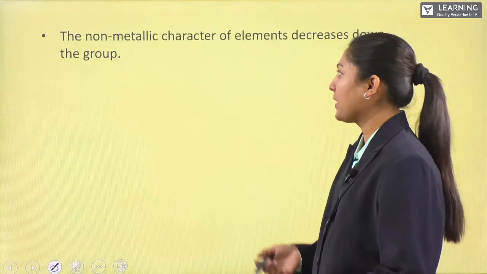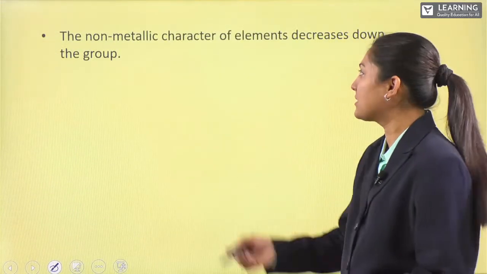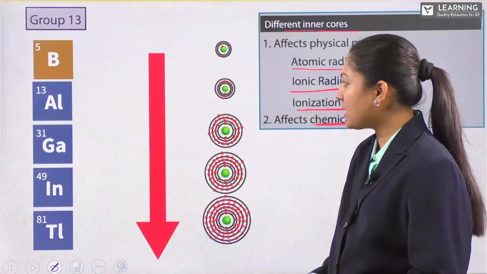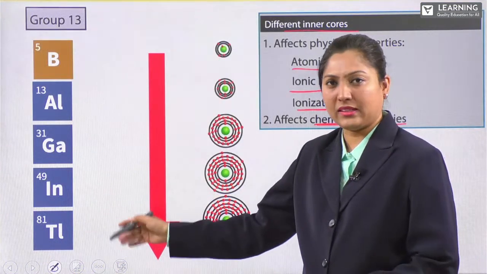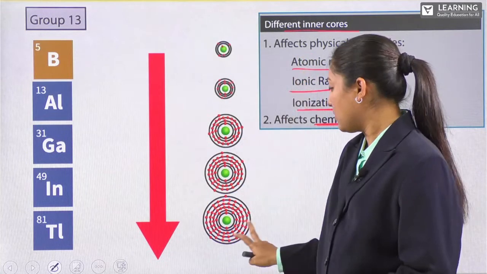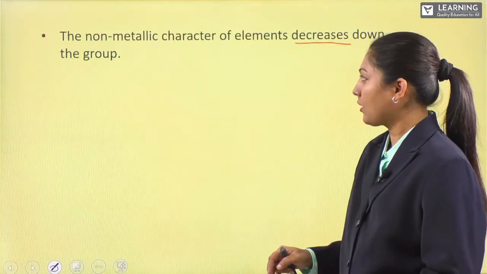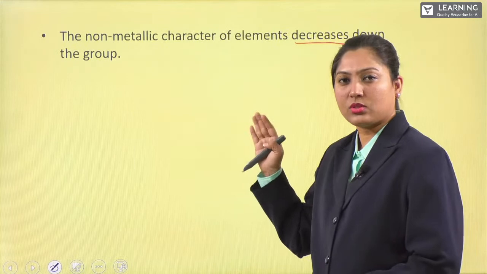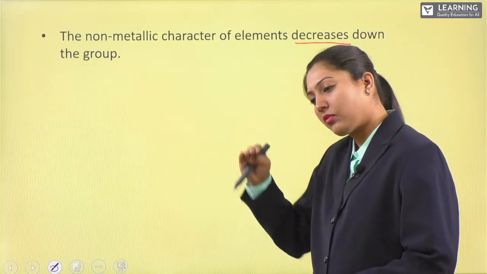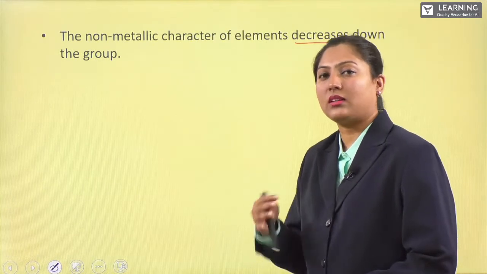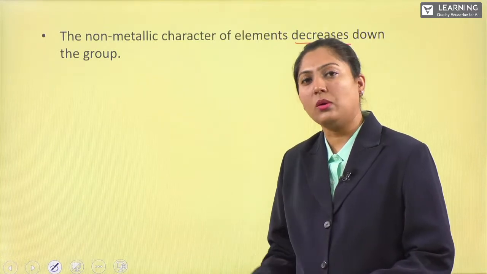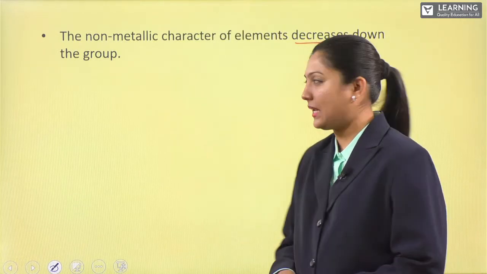We'll just study them. The non-metallic character of elements decreases down the group. As we say here, the first elements of the groups are the most non-metallic. So we see here boron, carbon, nitrogen, fluorine and all. When we come down, they change from non-metallic to metallic properties.